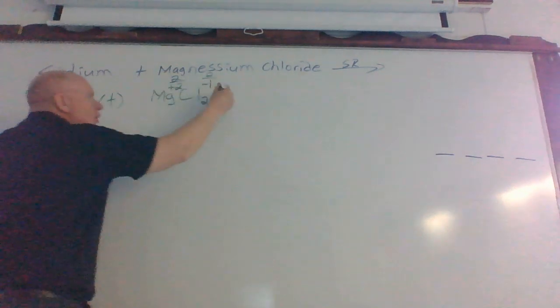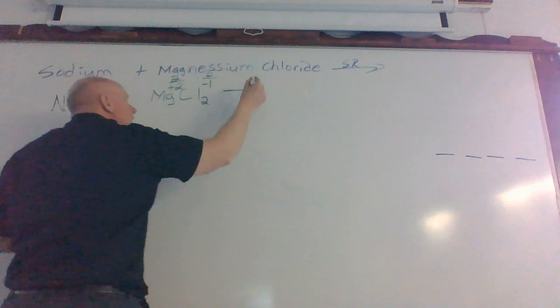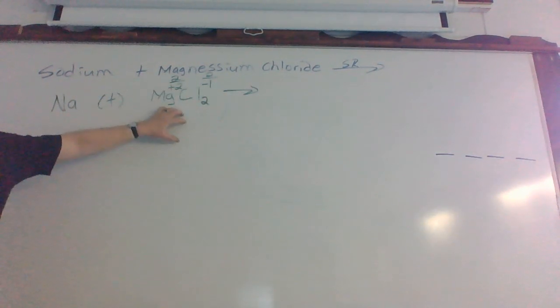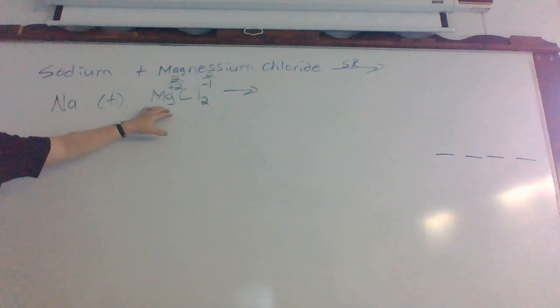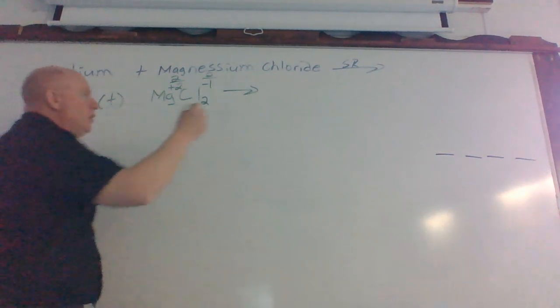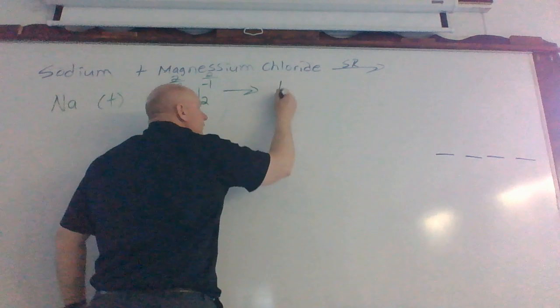Okay, so in a single replacement reaction, what is possibly going to happen here? This is going to get broken apart. Okay? Where does this break apart at? Between the positive and negative ions. Okay? So we can go ahead and write magnesium here.